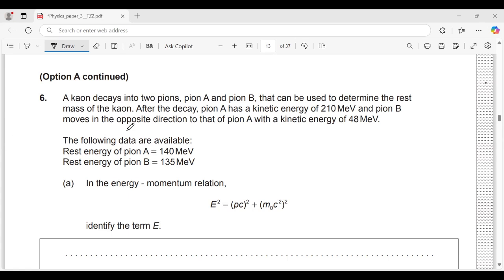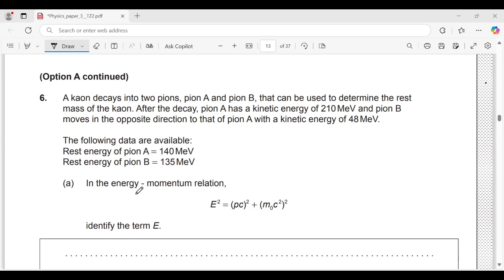The following data are available. Rest energy of pion A is 150 mega electron volt. Rest energy of pion B is 135 mega electron volt.